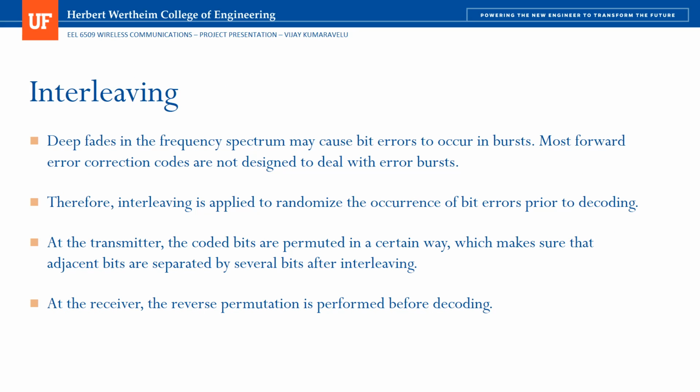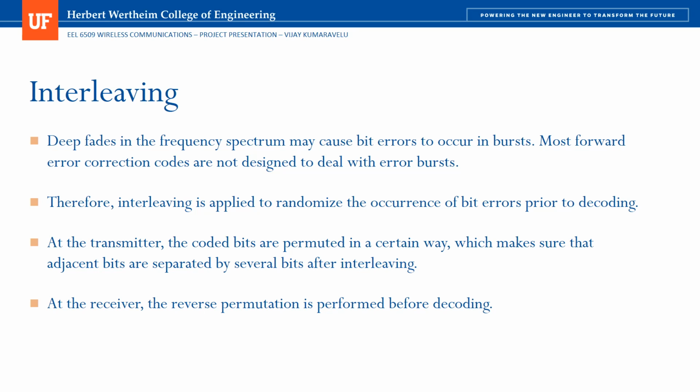There are some problems that FEC encoders cannot solve, and this is where we use interleaving. So let's see a situation where many errors occur at the same time. We call these bursts of errors. When we have many errors at the same time, FEC encoders may not be able to deal with them.